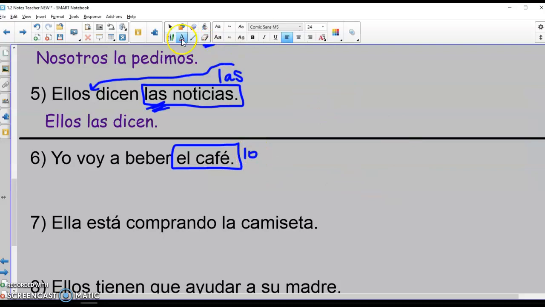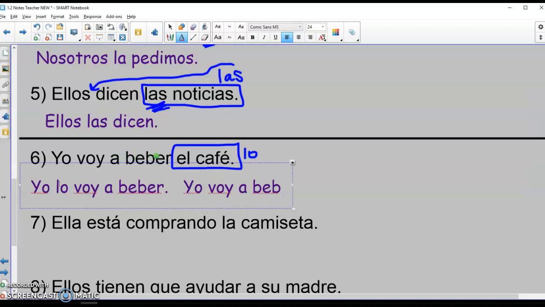Okay, there's 2 places I can put that. I can put it before the conjugated verb like I've been doing. So yo lo voy a beber. I can also attach it to the end of that infinitive verb. So in that case, it would look like this. Yo voy a beberlo. It becomes all one word when you do it that way.